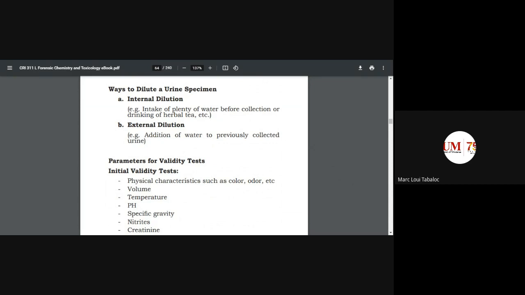For example, he already got a sample of his urine, he would add water and dilute it, right? He would mix in water that he added after the urination. Right? External dilution. In internal dilution, it is cleaned and diluted inside the body itself. In external dilution, you're diluting or mixing it after urination, outside of the body. Okay? So those are the ways to dilute a urine specimen.